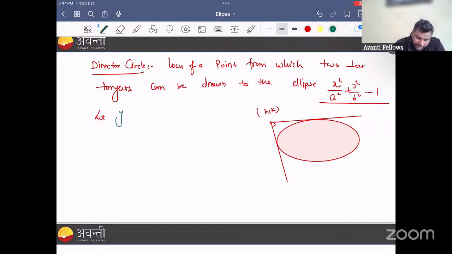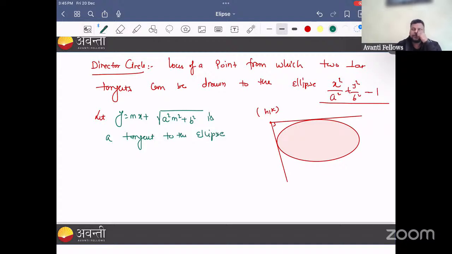See, let y equals mx plus under root of a square m square plus b square be a tangent to the ellipse. Got it? Now it is passing through h comma k.